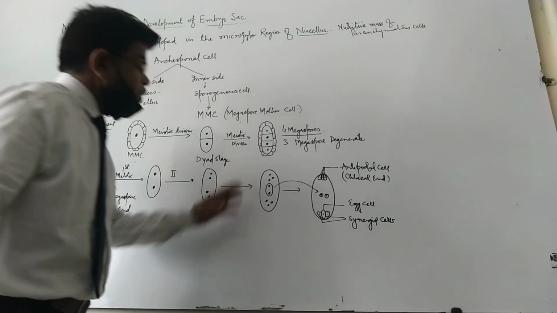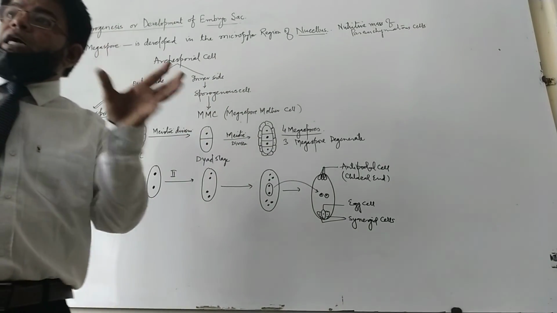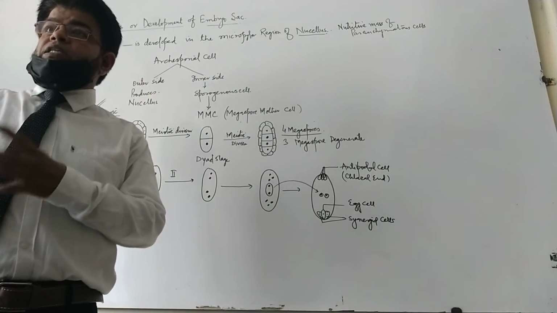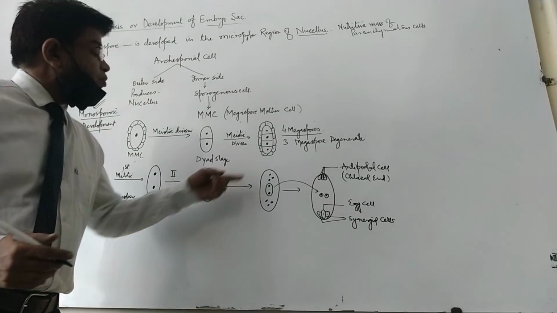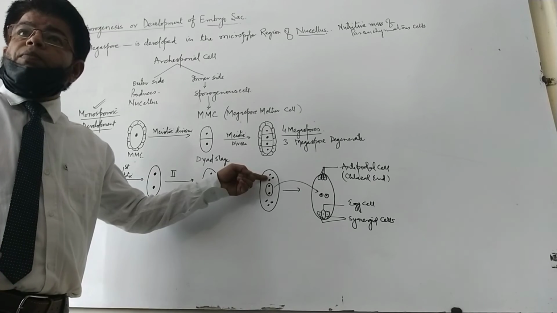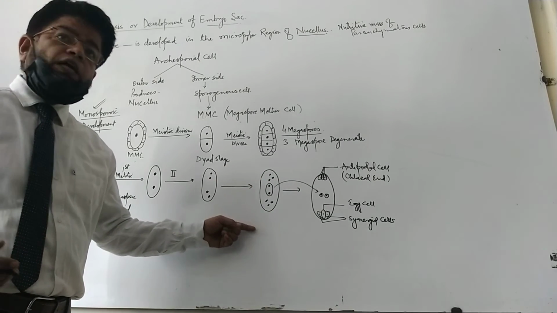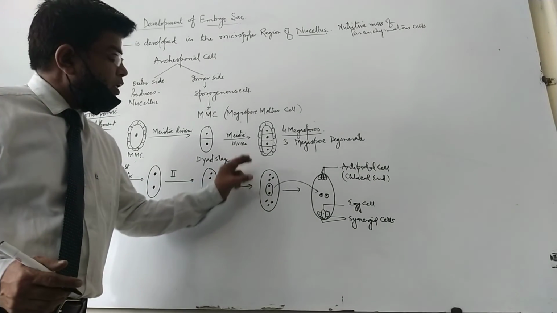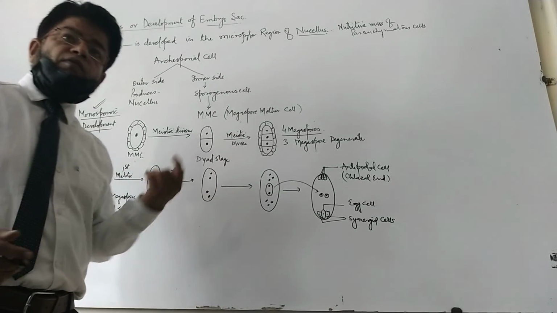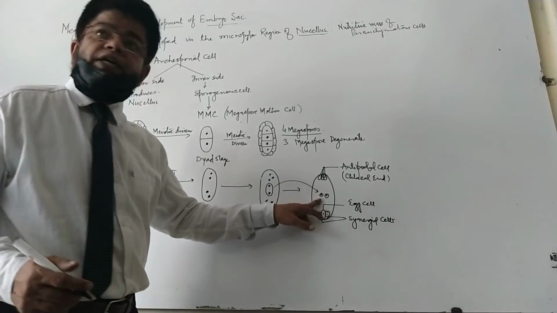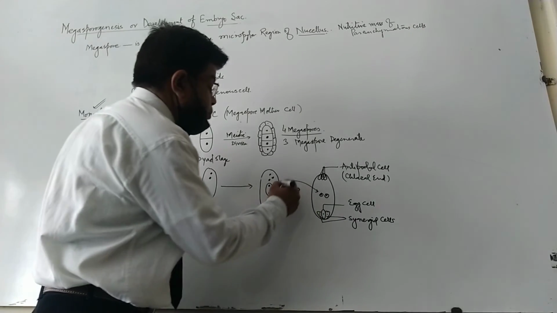So these nuclei accumulate some of the cytoplasm around themselves and rearrange themselves, the upper 4 group and lower 4 group. One each from the group, 4 upper and 4 lower, is arranged in the center, and these are known as the polar nuclei.